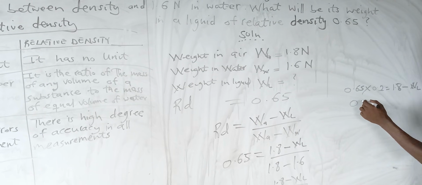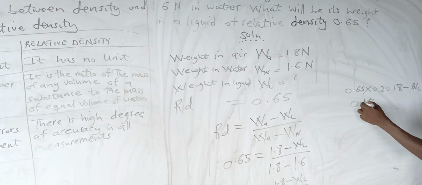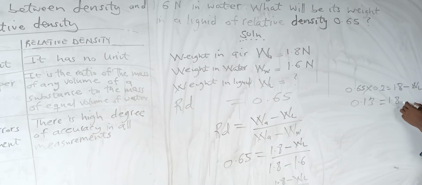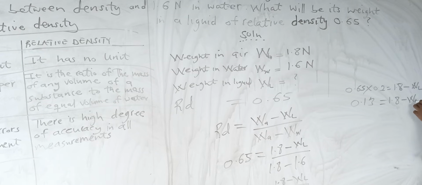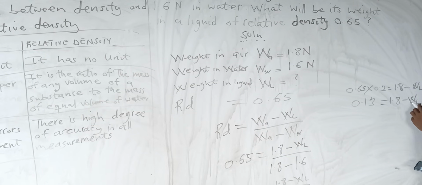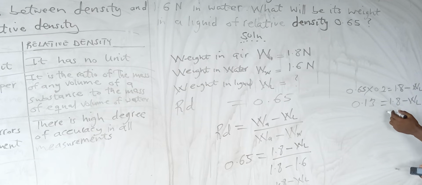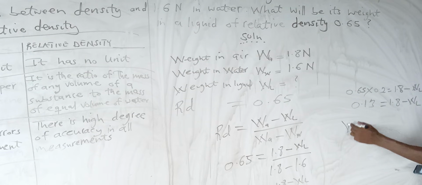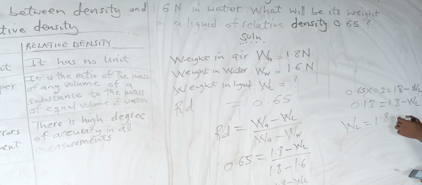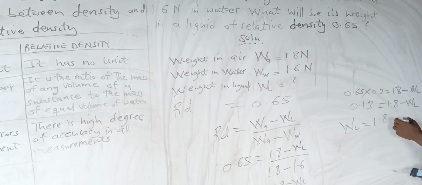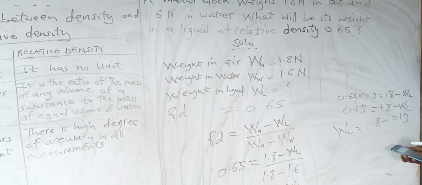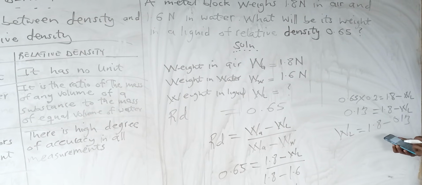So 0.13 is equal to 1.8 minus WL. So this one can come here, right? It's negative here, crossing the equal sign, it will be positive. So WL is equal to 1.8, this one is standing here so positive, and this one is coming across, so it's minus 0.13.